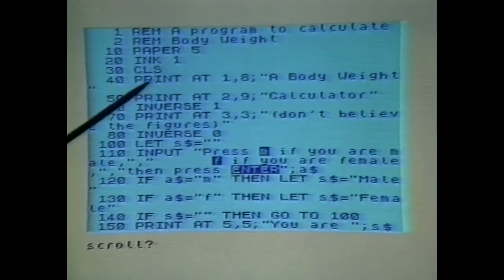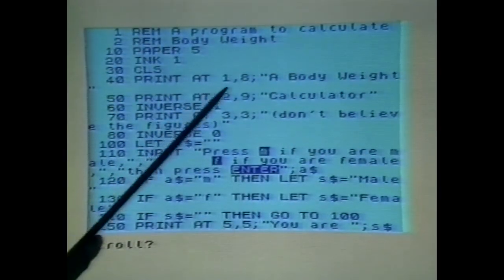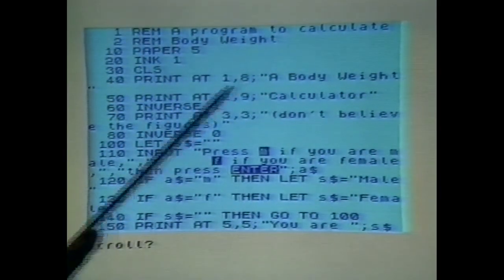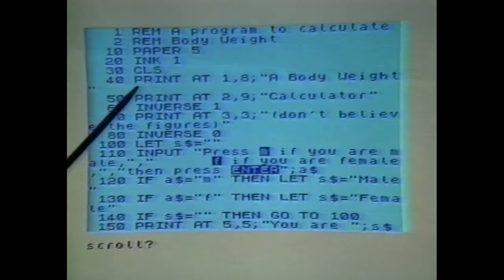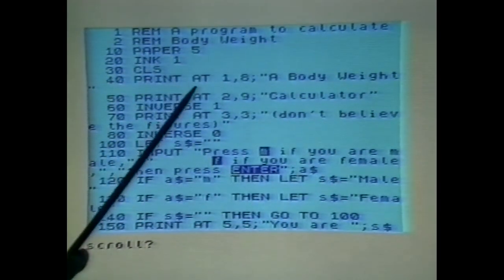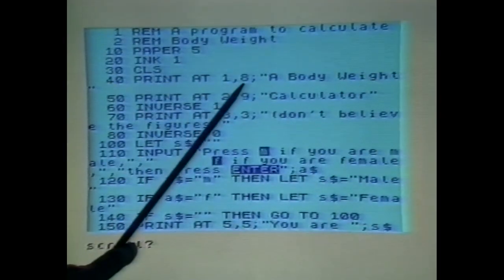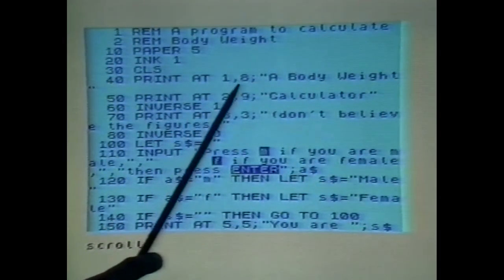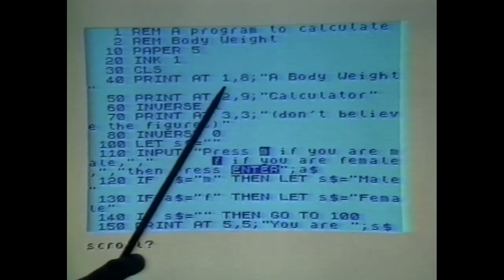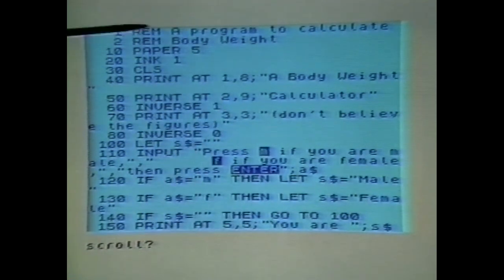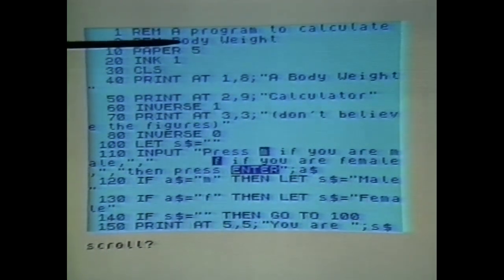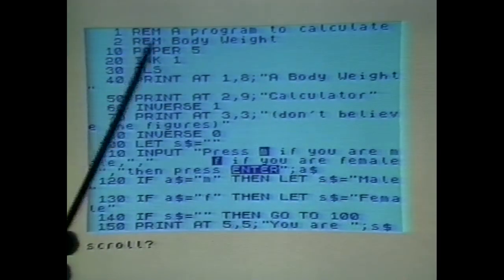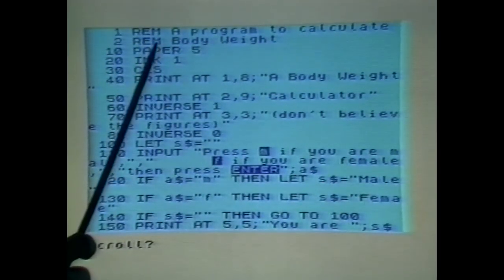heading. Print at 1,8. The print statement says put information onto the screen. If I follow it with at 1,8, I mean position 8 on line 1. Line 0 is at the top, so the second line is line 1. Position 8 is about there.